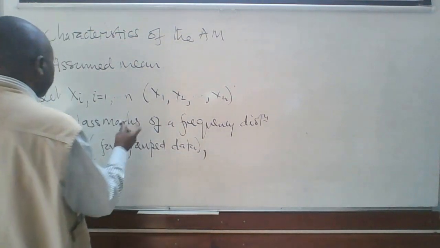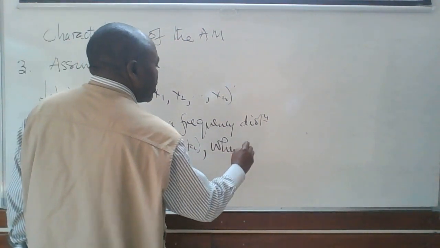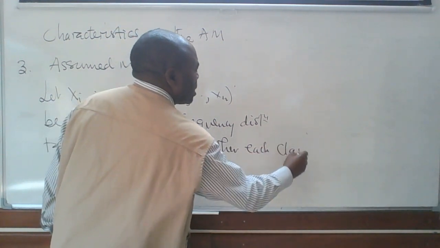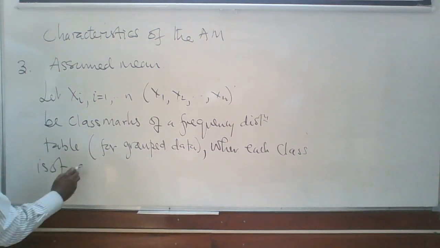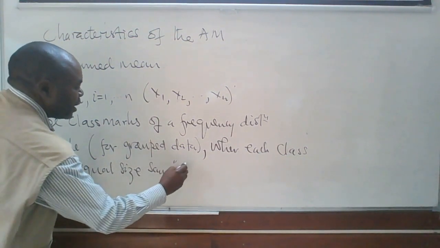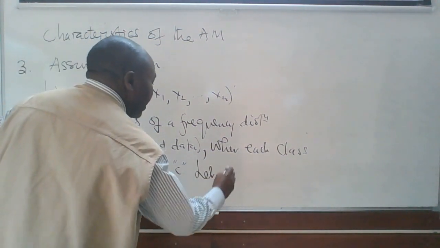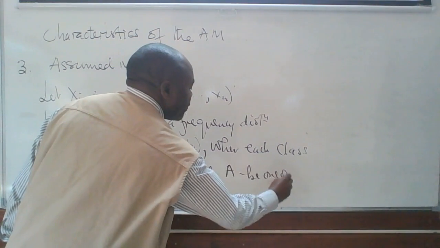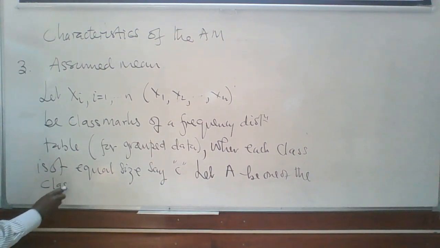So we are saying these are class marks of a frequency distribution where each class is of equal size, say C. So the class size of the classes is equal to C. Let A be one of the class marks.